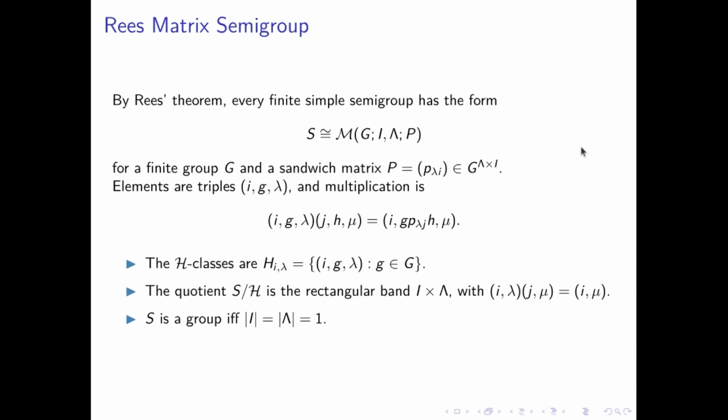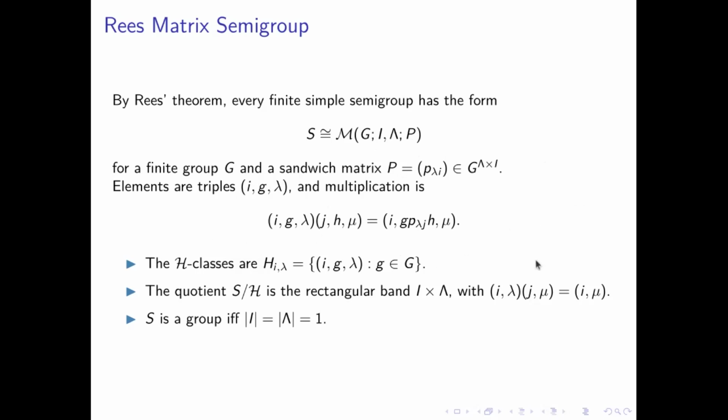By Rees's theorem, every finite simple semigroup has the form where S can be written as a triple of some indices and a group element. He uses this notation: G is a group, I and lambda are the indices, and P is the matrix that encodes the group elements. We call this the sandwich matrix.